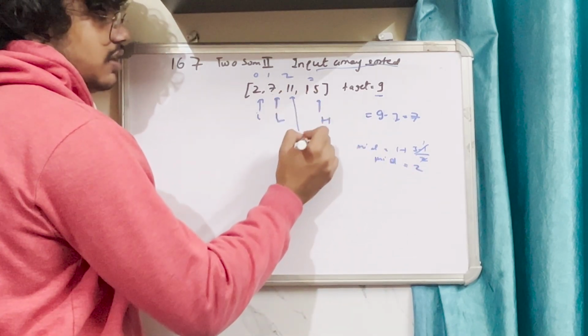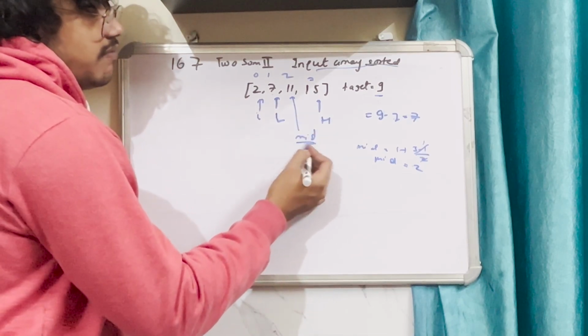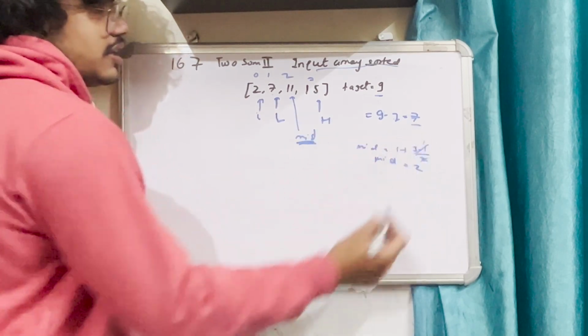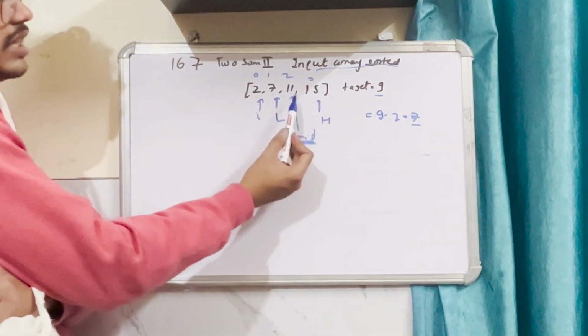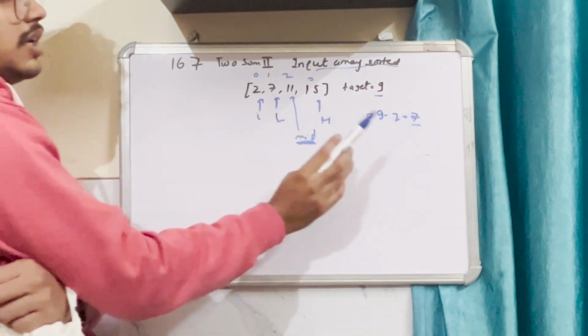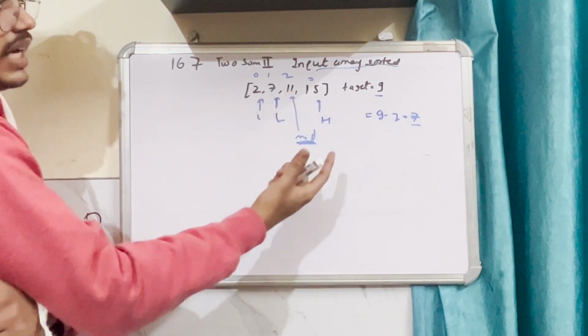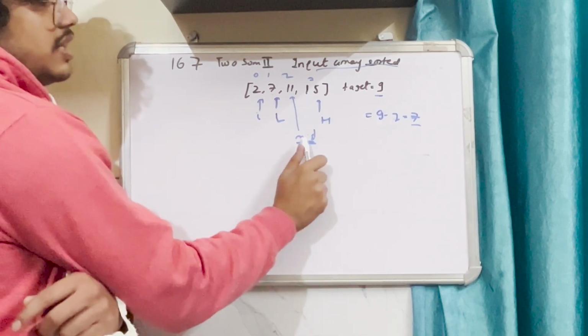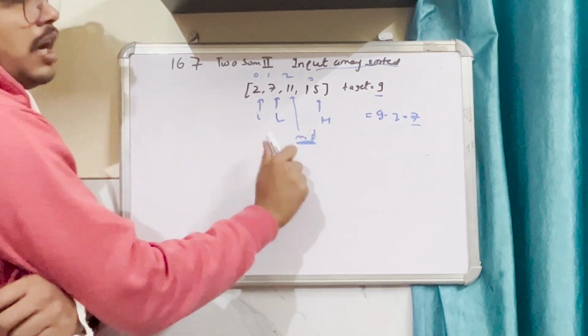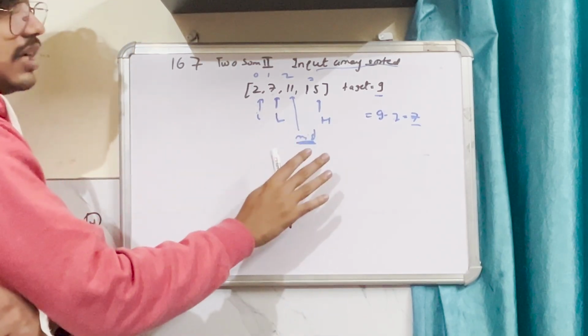You will check if the value at mid is greater than the target. You can see the value at mid is 11, which is greater than the target. It means if we have 7 in this array, we don't know yet, it will be on the left hand side. Why on the left hand side?